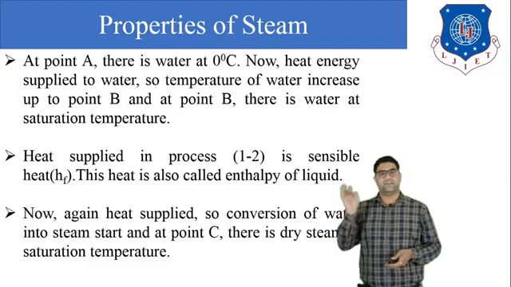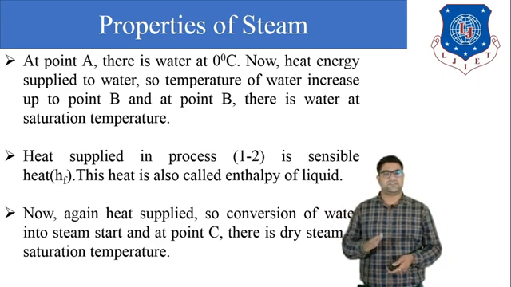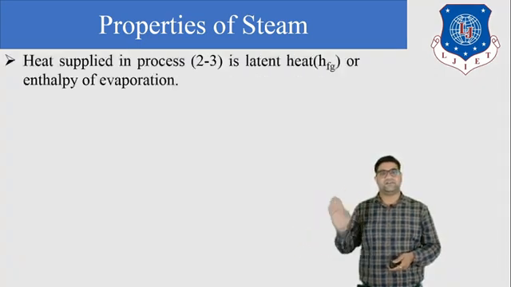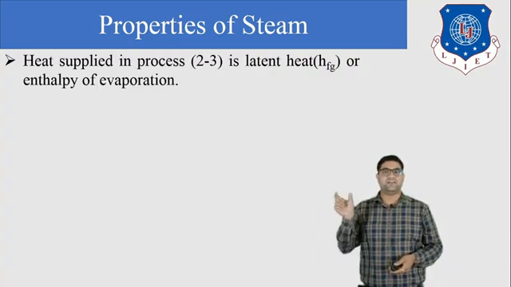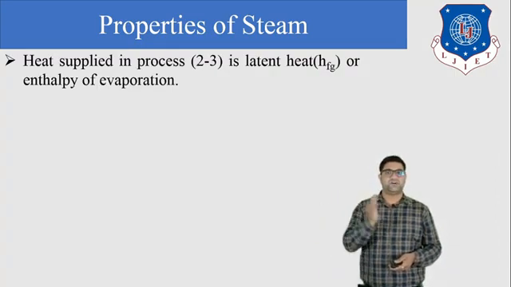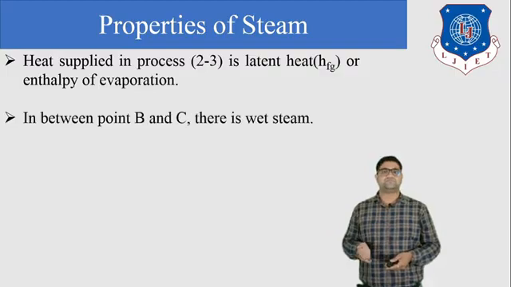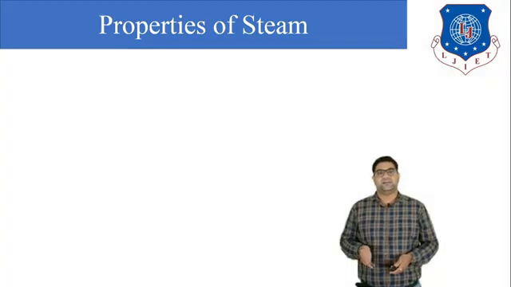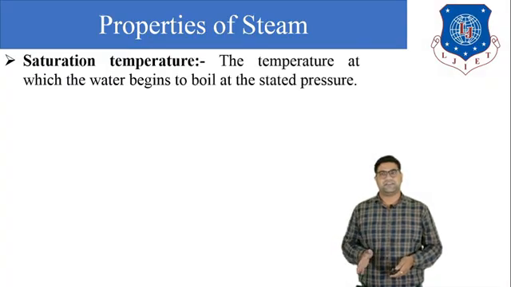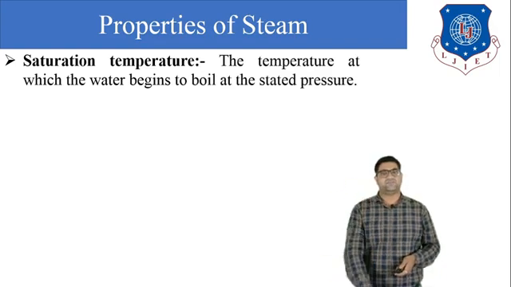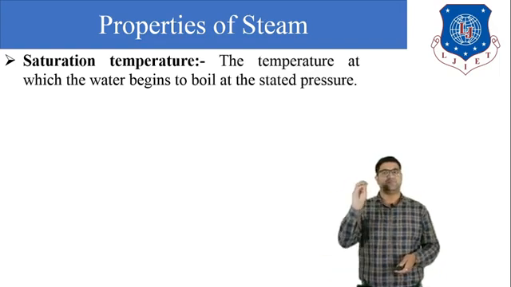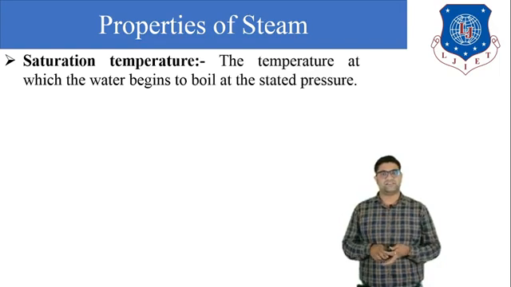After that we again supply heat so that the water is converted into steam, and it reaches point C. That region is the region of latent heat, where we convert water into steam. Next, dry steam is generated, and then we supply more heat, so finally it becomes superheated steam.